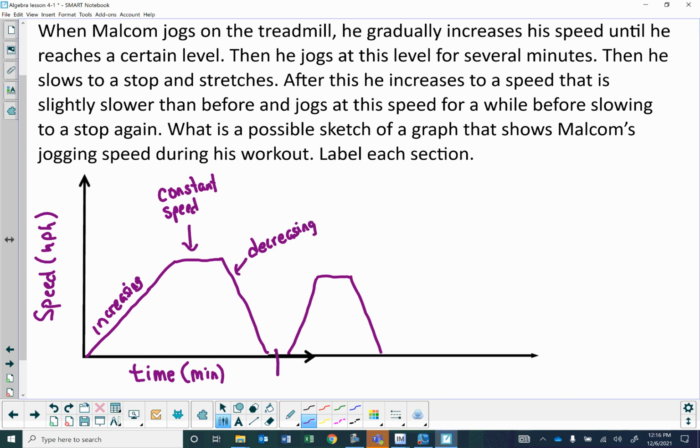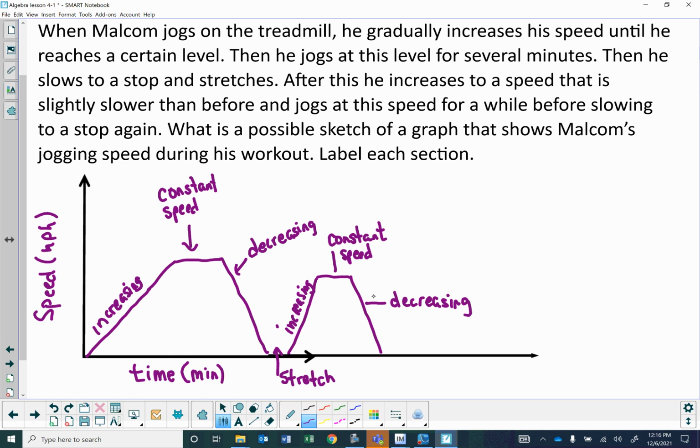Right here is where he's stretching. He's increasing again here. Constant speed again here. And here we're decreasing again. So we've labeled all of our sections.